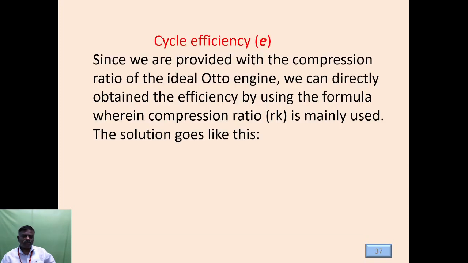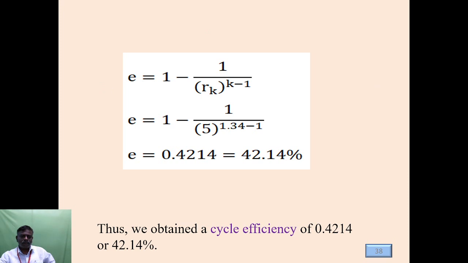Cycle efficiency. Since we are provided with the compression ratio of the ideal Otto engine, we can directly obtain the efficiency by using the formula wherein compression ratio RK is mainly used. The solution goes like this. This is the efficiency formula for the Otto cycle: E equal to 1 minus 1 by RK to the K minus 1.